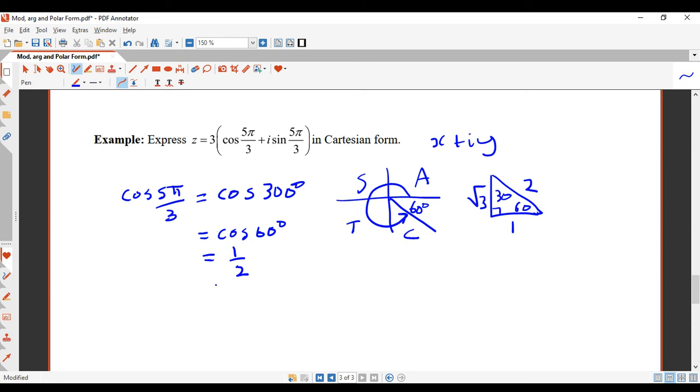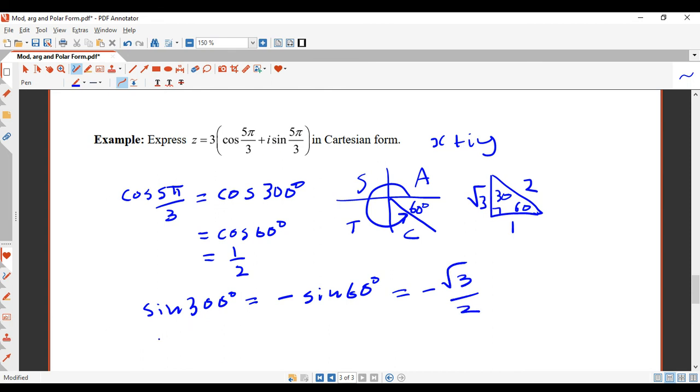So sorted that out. The next thing you've got to work out is sine of 300. Because sine of 5 pi on 3 is sine 300. Well, we know that sine is negative in the fourth quadrant, so it's minus sine 60 degrees, and sine of 60 is root 3 on 2, so just minus root 3 on 2.